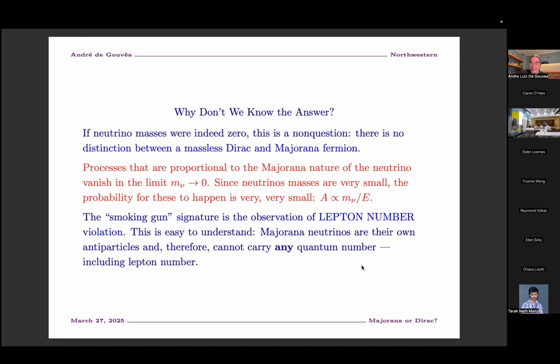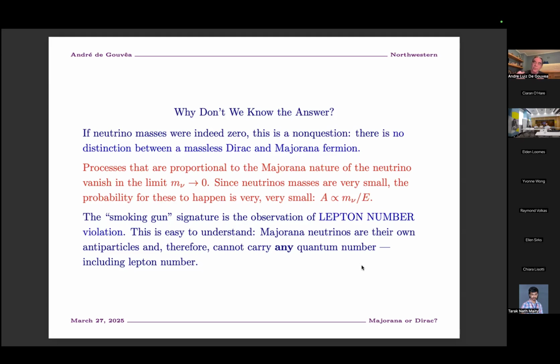Now, as most people will have heard, the vanilla way of understanding whether the neutrinos are Majorana or Dirac is to look for lepton number violation. The reason is easy to understand. If the neutrinos are Majorana fermions, the thing that we call the right-handed neutrino and the right-handed antineutrino are the same particle. And normally, what distinguishes a neutrino from an antineutrino is a quantum number that we call lepton number.